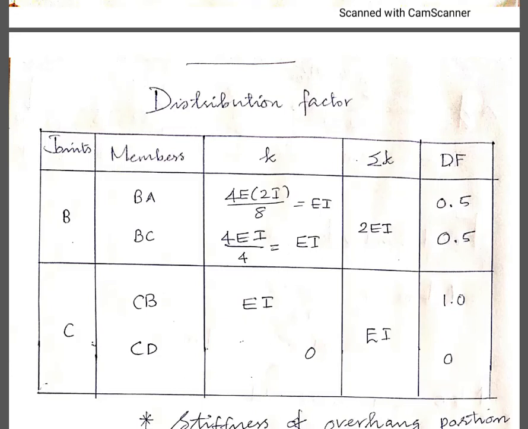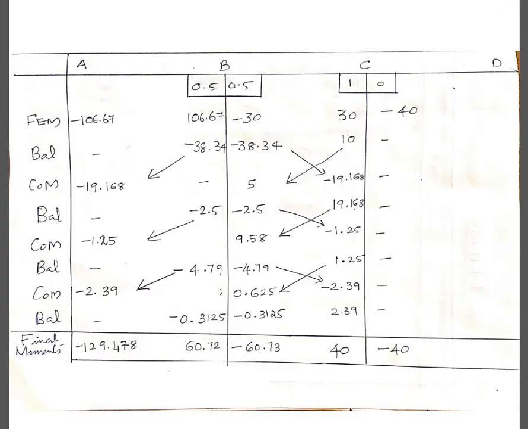So the stiffness of the overhang portion is 0, and the total stiffness is EI. And for the member CB, the distribution factor is EI by EI, 1, and for CD the distribution factor is 0. After the calculation of distribution factors, we can go for the moment distribution table.